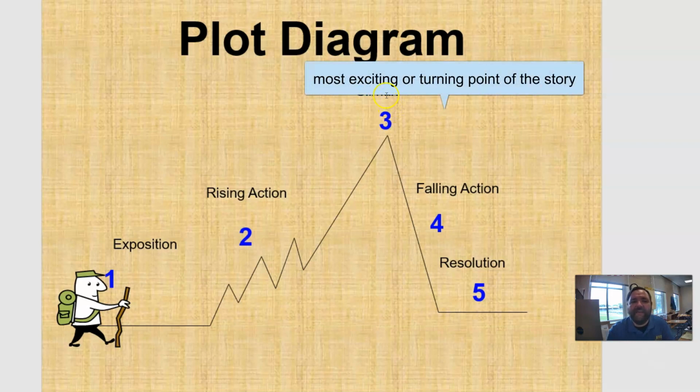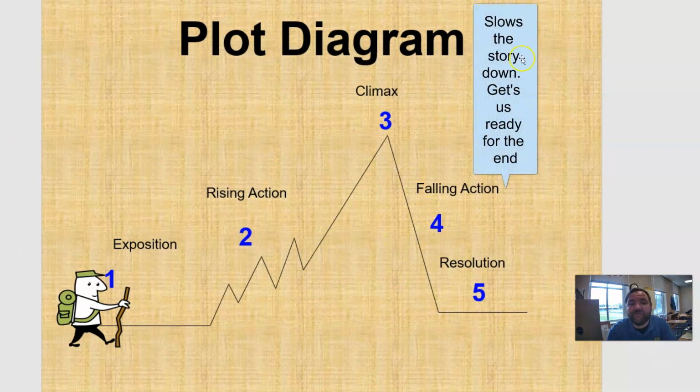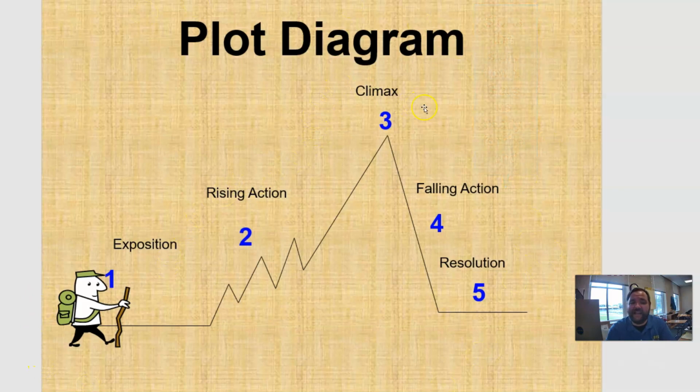Then the resolution is the end. You can't just go from the most exciting part of the story to the resolution. The author has to slow it down for you, and that's what the falling action is. So as we read, I want you to try to remember exposition, rising action, climax, falling action, and resolution.